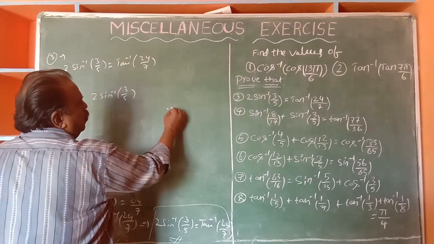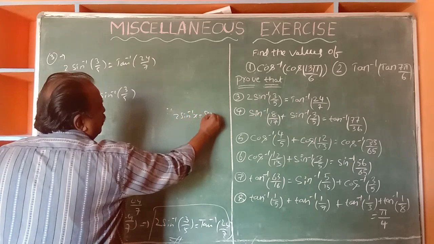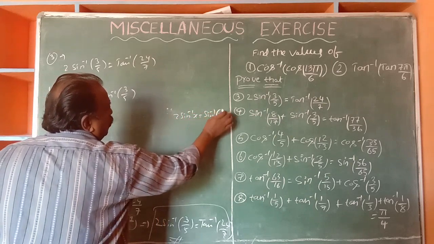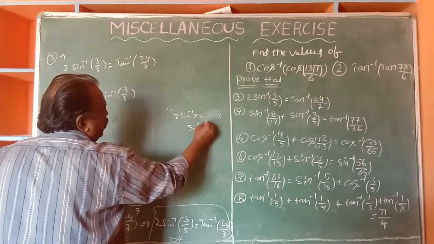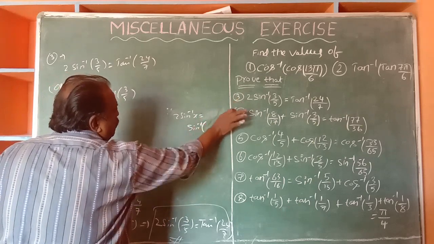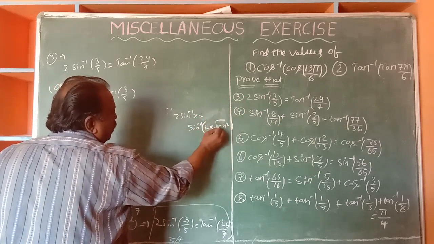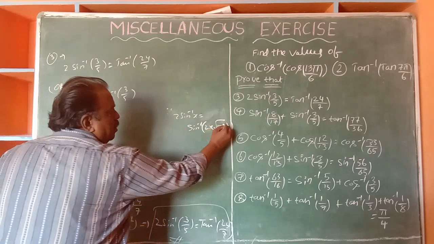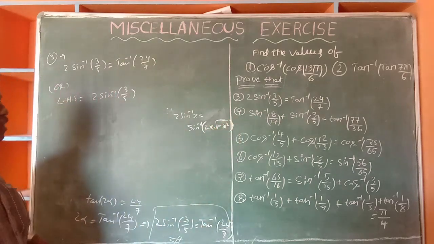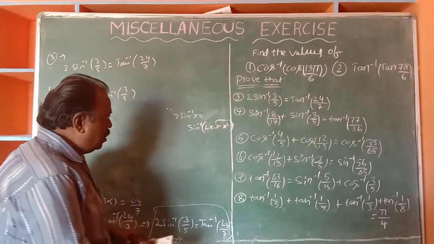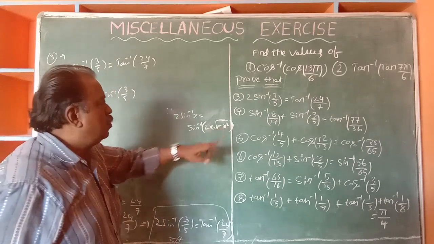But we have to apply one formula: 2 sine inverse x is sine inverse of 2x root 1 minus x square. Already we solved this in the properties; I explained those formulas completely.